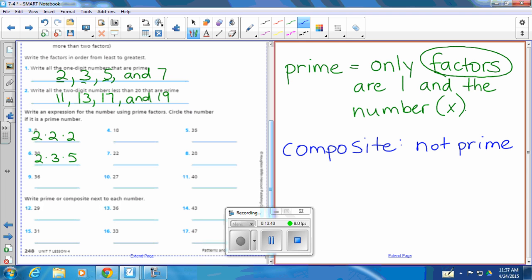For example, 36, which is number 13. That's a composite number because it can be divided by 12, by 2, by 6. Lots of numbers can evenly divide or be multiplied together to get 36. So that is a composite number. However, the number 29, the only numbers that we can evenly divide 29 by are 1 and 29, which makes it prime.